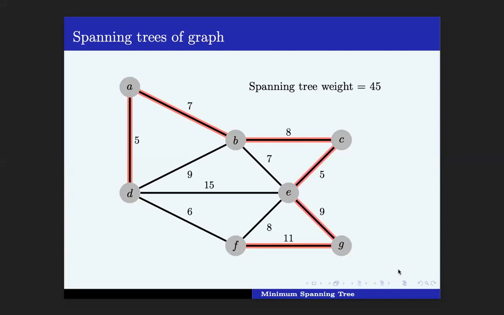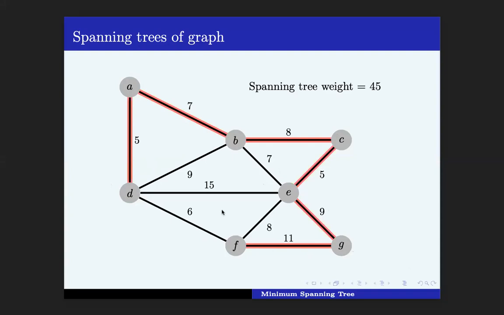So anyway, the problem is that if I add this edge DF, then I will produce a unique cycle, right? The cycle will be the whole thing: A, D, A, B, C, E, A, G, F and D. Good.